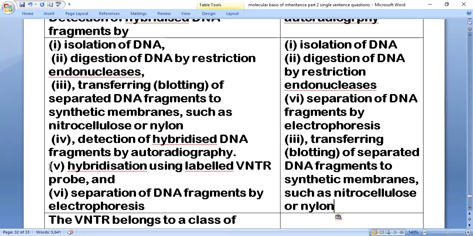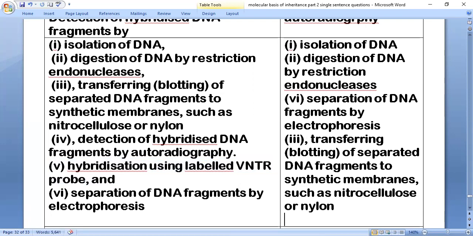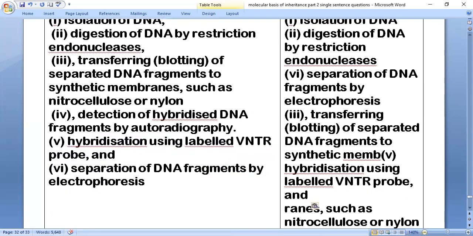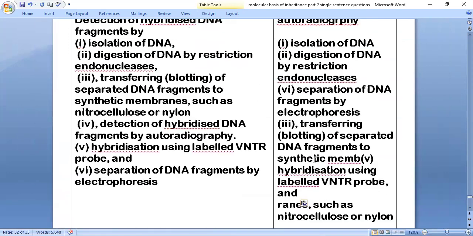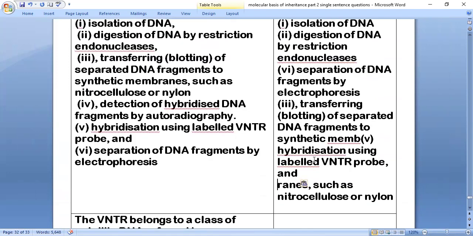Hybridization using labeled VNTR probes. Then finally, detection of hybridized DNA fragments by autoradiography.